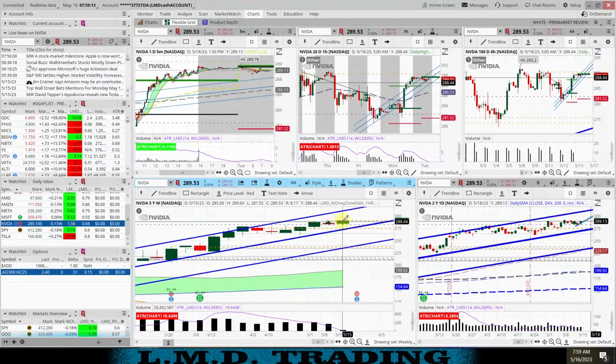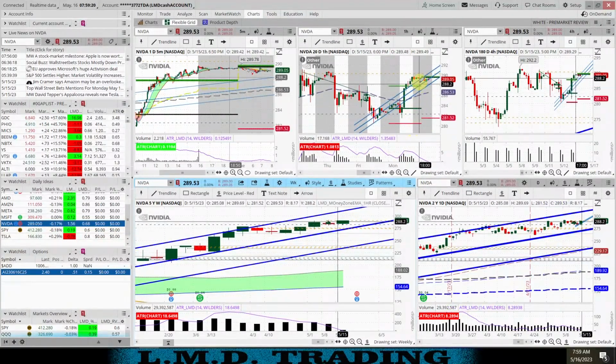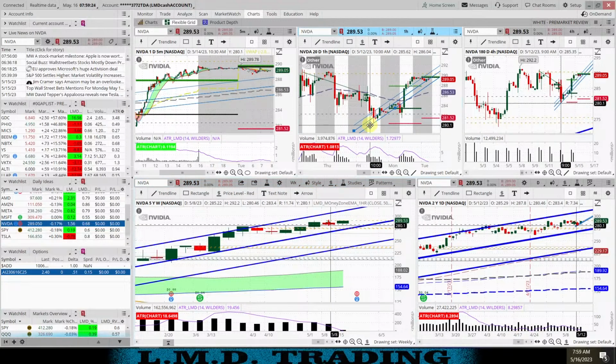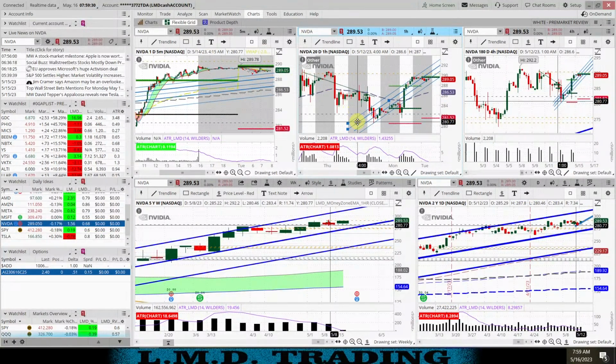We see NVDA is kind of smack in the middle, pretty much like everything else has been. I will duplicate this, bring it up here. Look at how off that is right there. So again, I just kind of play with it and see where I need to put it at. Not too far.